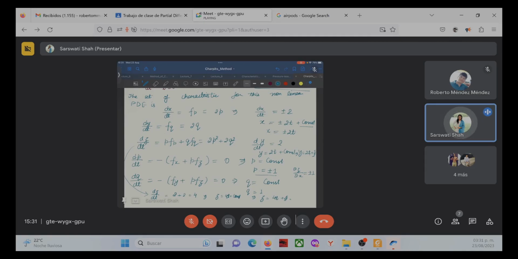Okay, so just see this equation z equals 4t plus xi, and see this equation x and this equation y. Let me go to another page, otherwise it will create a mess here.